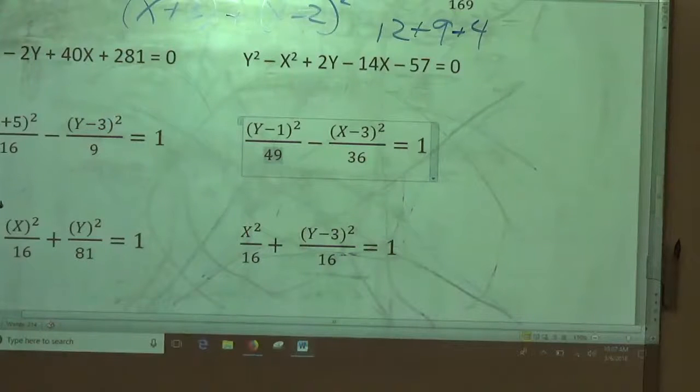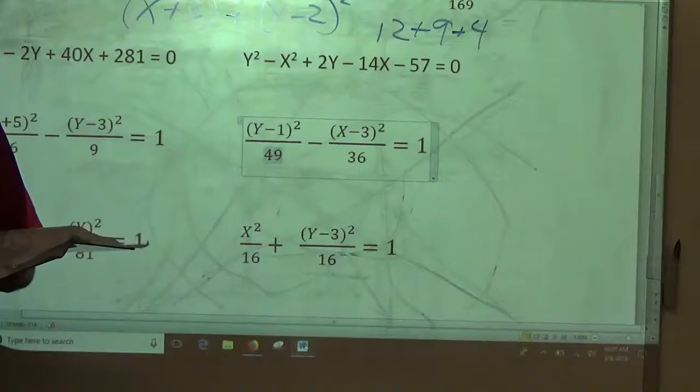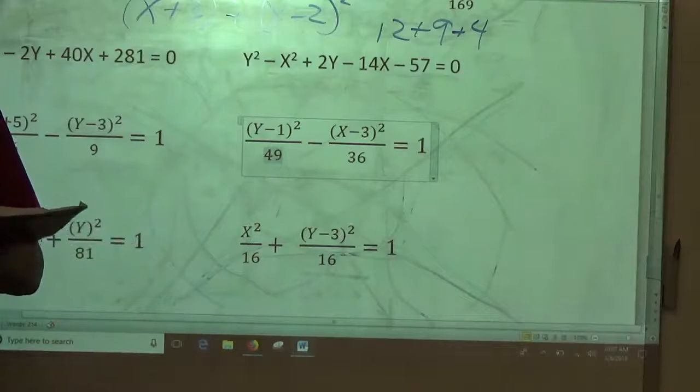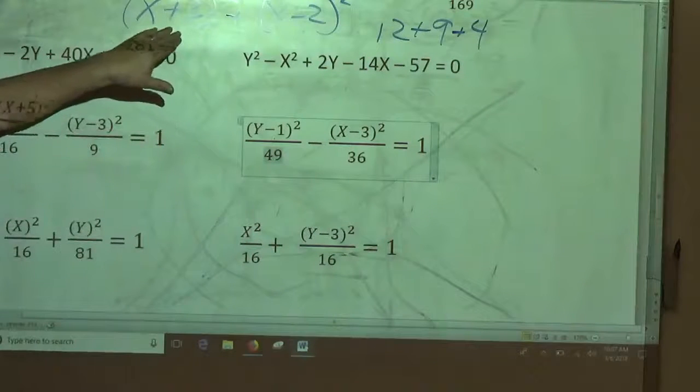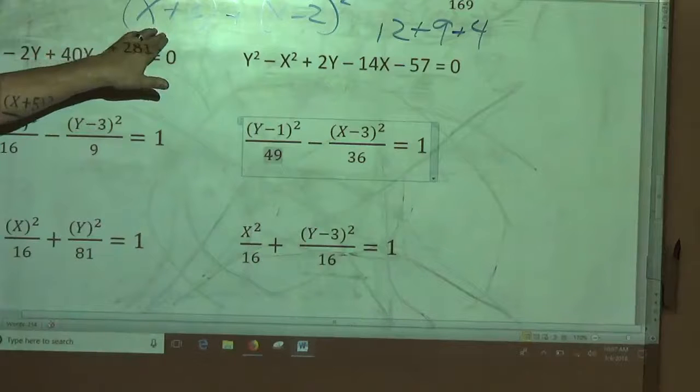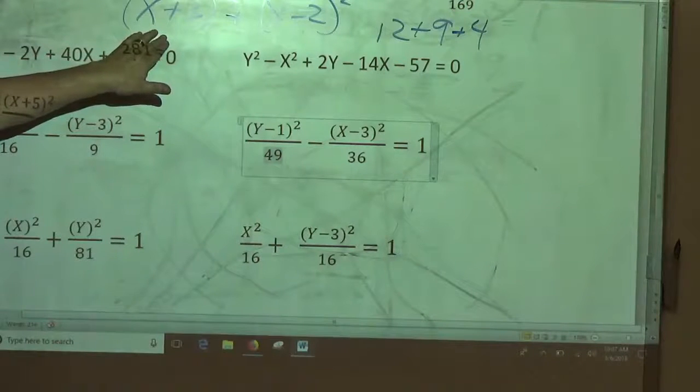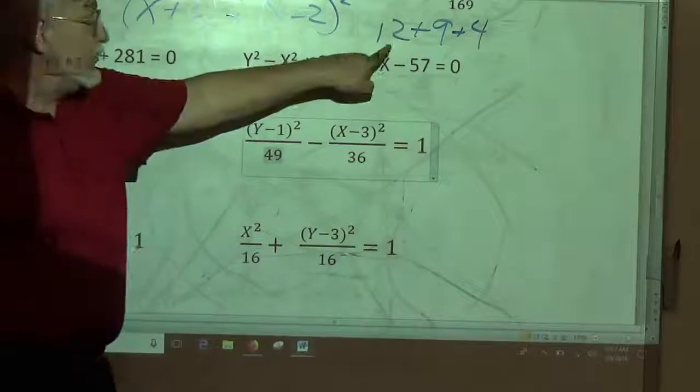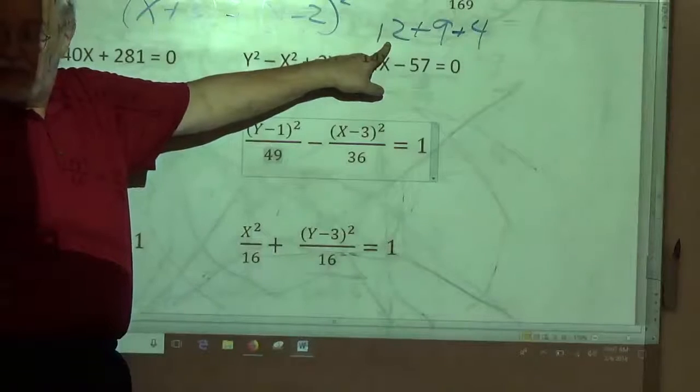Does that make sense? Questions about that? Okay. Now, is that something that's hard for you to see? Yes? Okay, if it is, then you need to make sure that you go back over completing the square. The 12 was given in the problem.